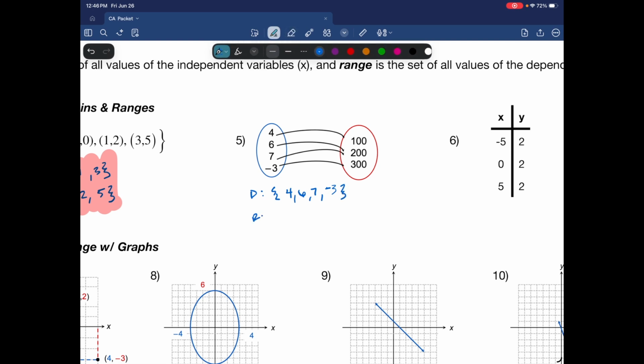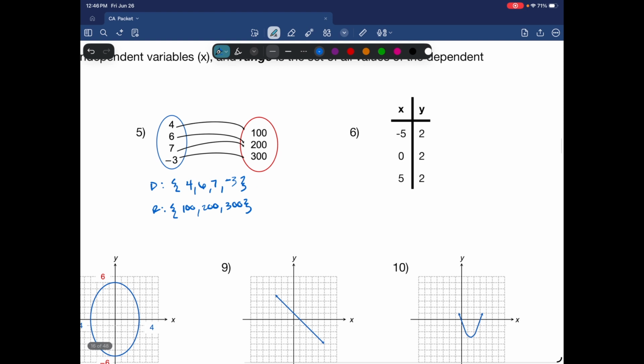My range is everything in the red bubble. Notice that I have one less in the red bubble than I do the blue bubble. And that's because 6 and 7 both go to 200. So the y's repeat. I don't care if the y's repeat when I'm looking for a function. When I'm looking for a function, I only care if the x's repeat, not the y's.